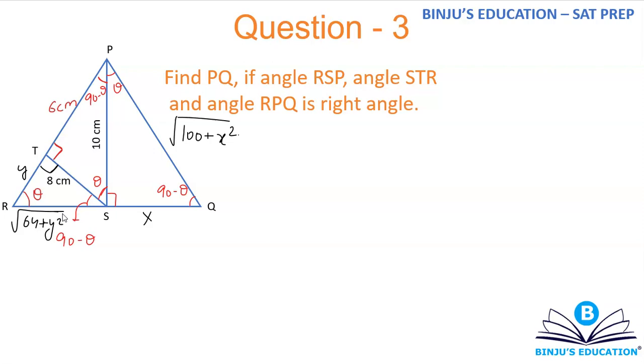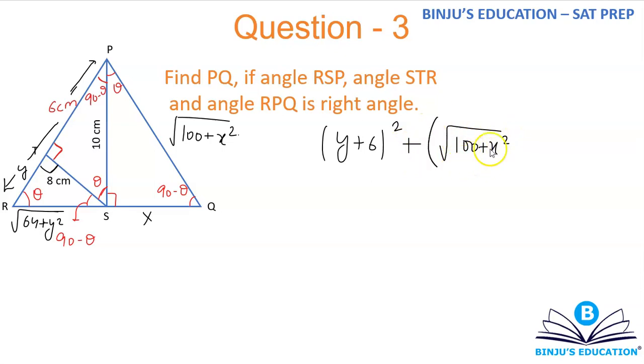Now I also know that angle P is 90 degrees. So I can say that Y plus 6 whole square, that is this entire length, plus PQ square, which is root 100 plus X square whole square, is equal to root 64 plus Y square plus X whole square.